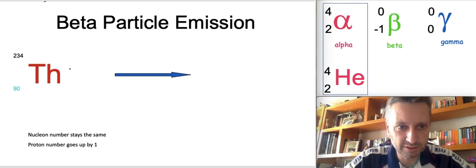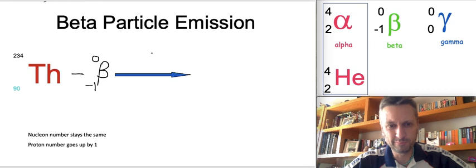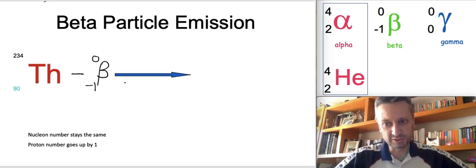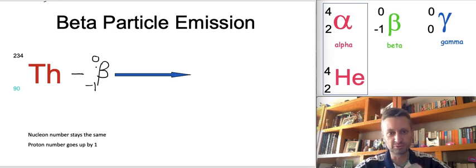This is a bit harder to understand than alpha. It's going to be minus beta. And you can see that the numbers for beta are 0 nucleons and minus 1 for a proton number. It's not that easy to understand, but you probably understand already. Because a beta particle is an electron, it's not a nucleon, it's got 0 nucleons.